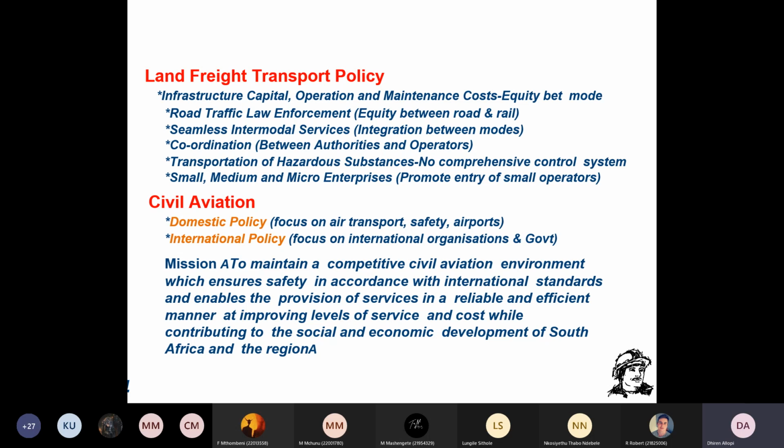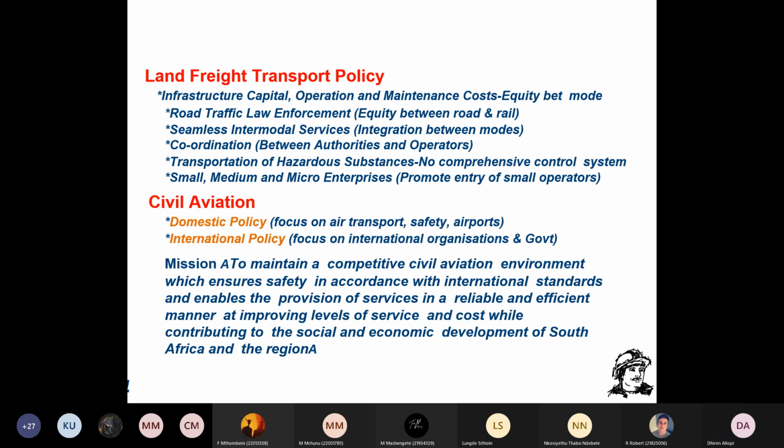So that's land transport policy, and then we come to civil aviation, which is then divided into domestic and international, and you can see again safety factors coming in with international, trying to focus on international organization. And you can see the mission statement there for civil aviation. And again, mention of safety, mention of international standards, providing a reliable and efficient service.